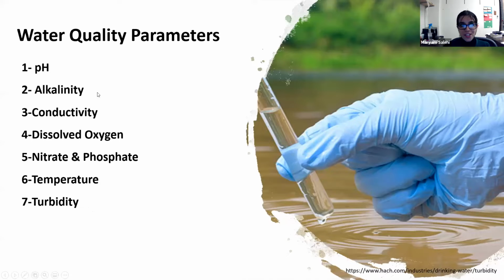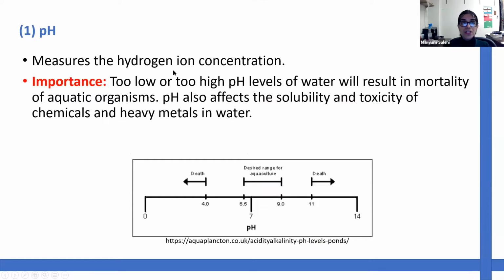The students generally know about the pH, but these water quality parameters are customized to freshwater systems, or even the sources for drinking water. So we are going to learn what are these definitions.